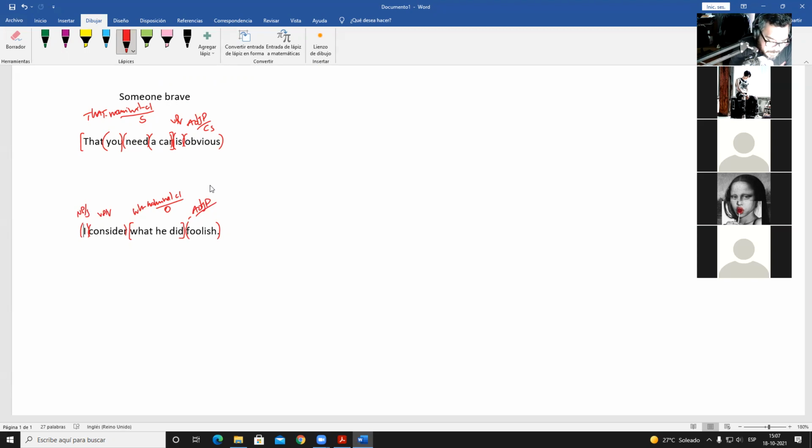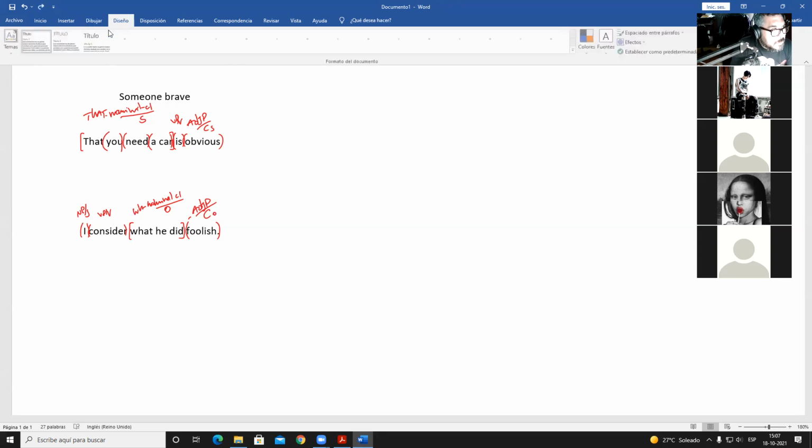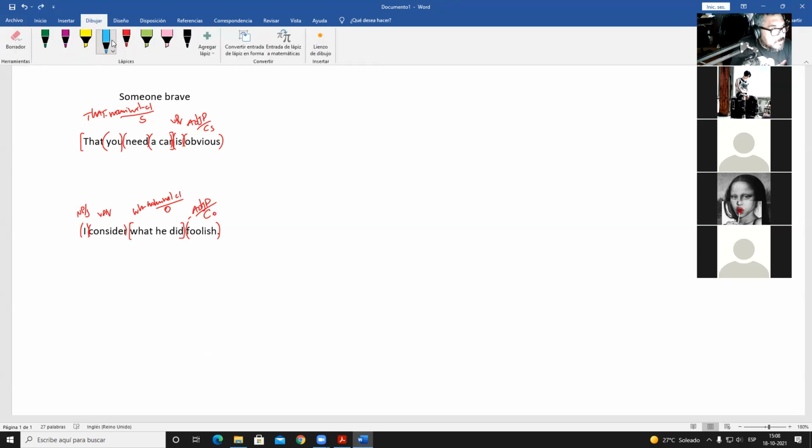I consider that foolish, right? I think this is an object complement, because it's providing information about the object in front of it, about this whole unit. So I don't agree with that.